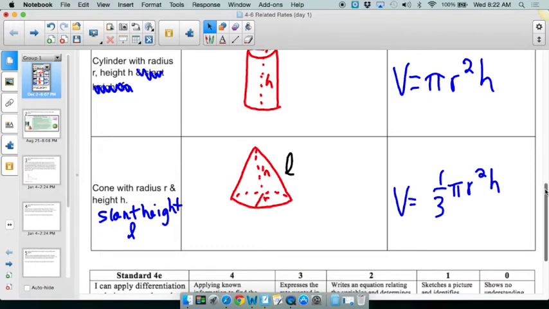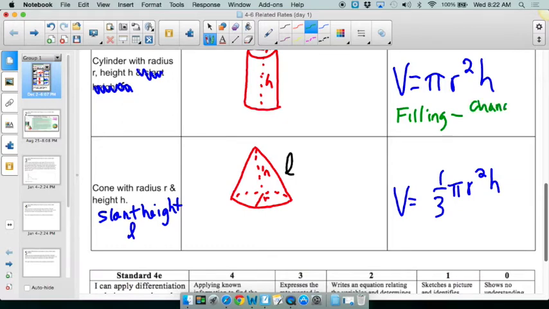So in cylinder type problems, related rates have to do with filling and emptying or movement of a car or something like that. So as we're filling or emptying, the things that are changing are volume and height, right? We're always going to have this cylinder of water that has the same radius.